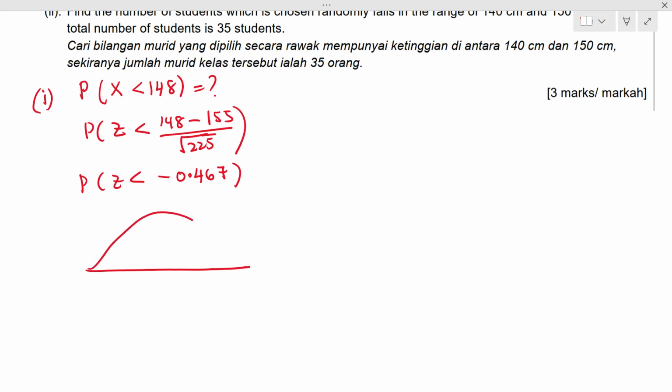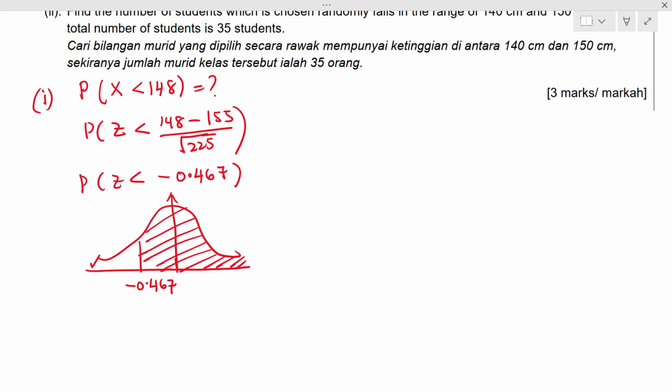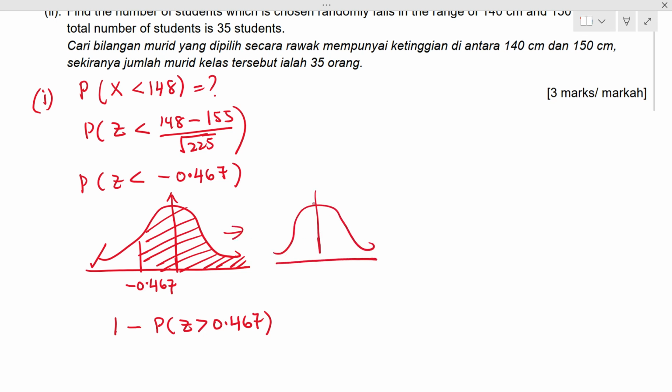Negative means this is your negative 0.467 and you need to shade the left part. We only can calculate the opposite part, right? So 1 minus probability z greater than 0.467. You should automatically know how to draw and write this. If you don't know how, it's okay, you do the reflection first.